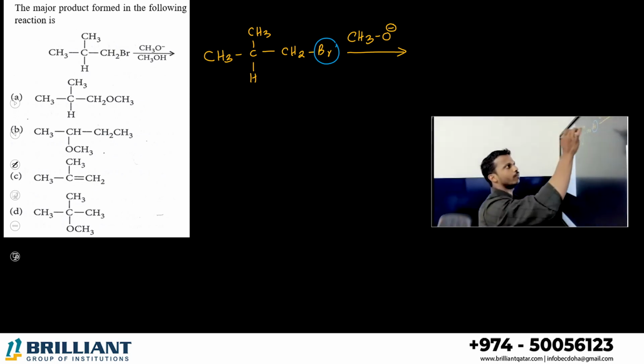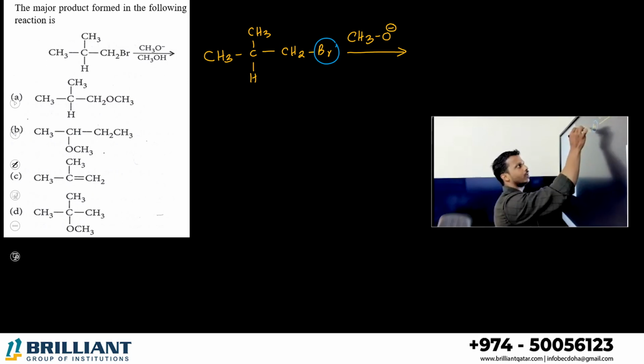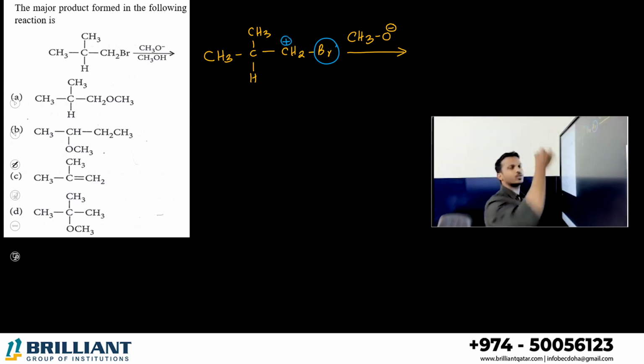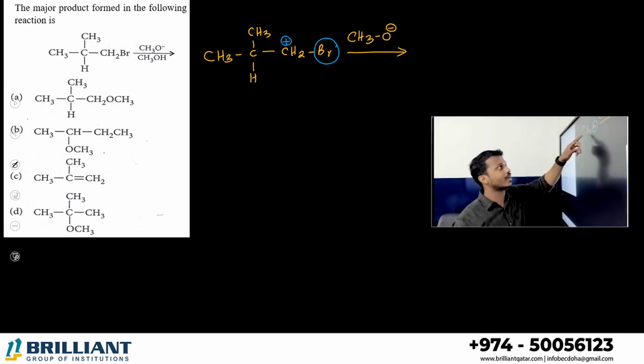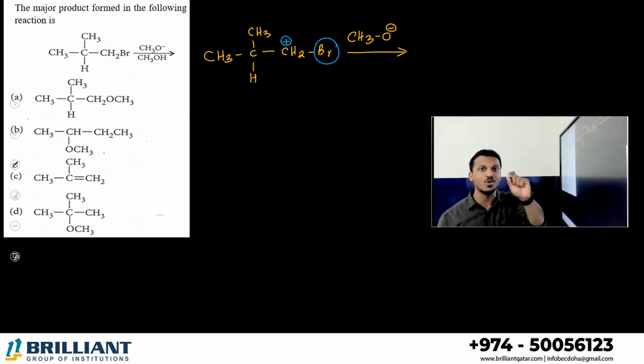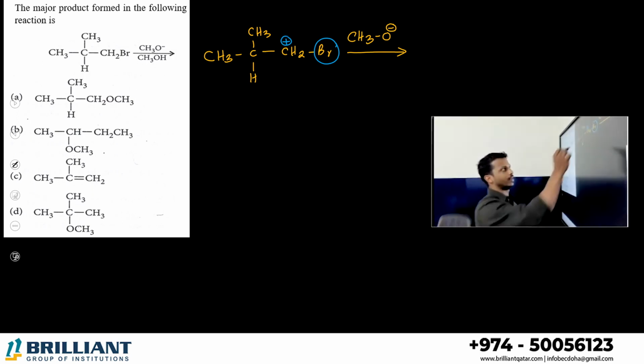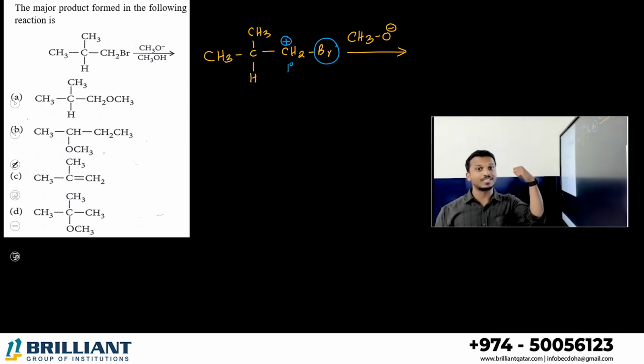Because if you remove the bromine from this carbon, this carbon will get a positive charge. What carbocation is this? It is a primary carbocation. Why? Because that carbocation is directly connected to only one carbon. One of the exceptional cases we discussed previously, hope you remember that.